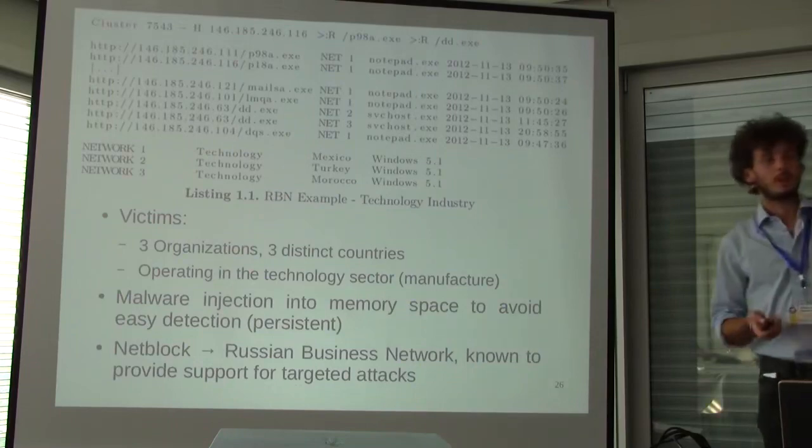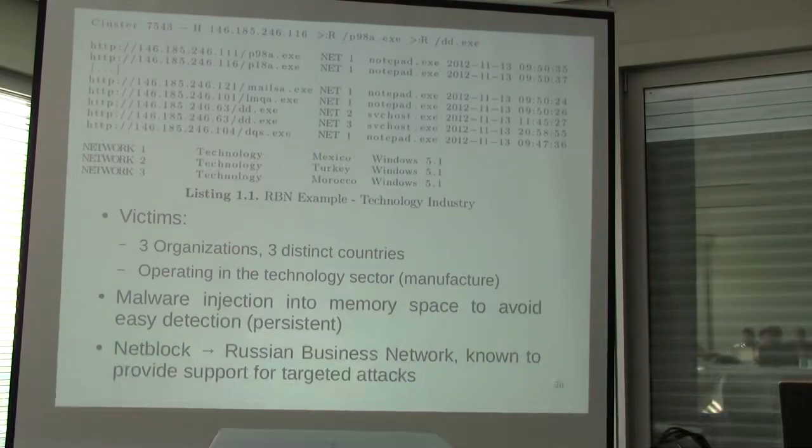So you can basically rent the network and use it to deliver. You have all the infrastructure ready for you, for hosting malware or C&C servers, whatever. And here we were targeting 3 different manufacturing companies in these 3 countries.